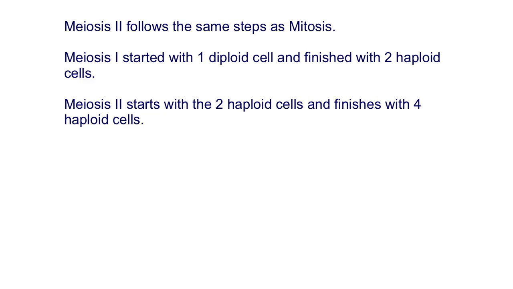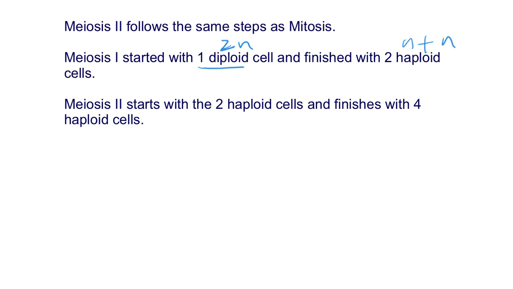I mean, there's no crossover event between homologous chromosomes because there are no homologous chromosomes anyway. Meiosis 1, remember, started with one diploid germ cell, a 2N cell, and finished with 2 haploid daughter cells.